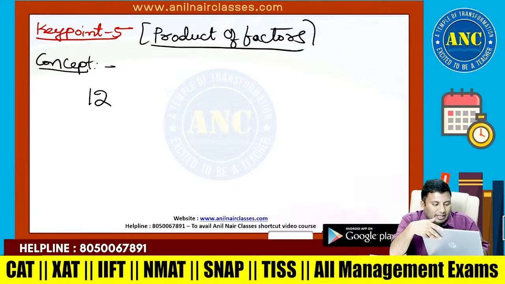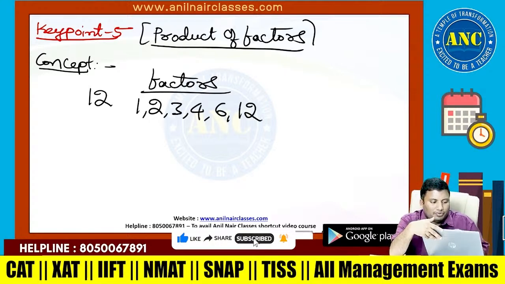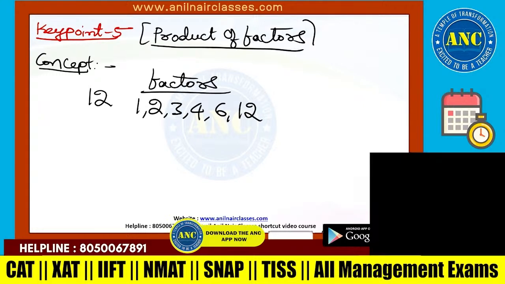Suppose if I take the same number 12, what are the factors of 12? 1 is a factor of 12, 2, 3, 4, 6, 12. These are all the factors of 12. Now he is asking product. What do you mean by product? Product is multiplication.